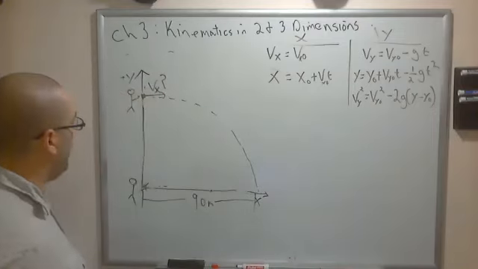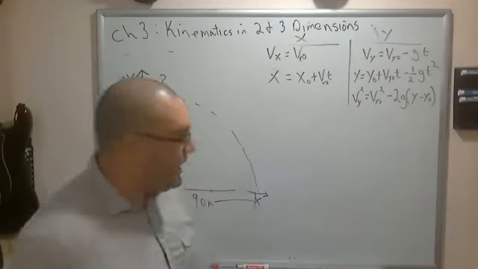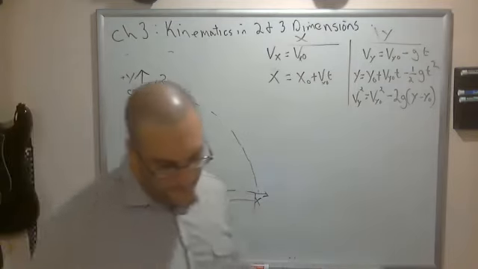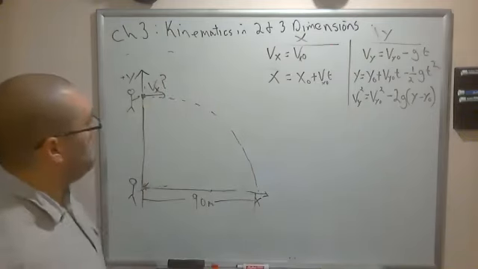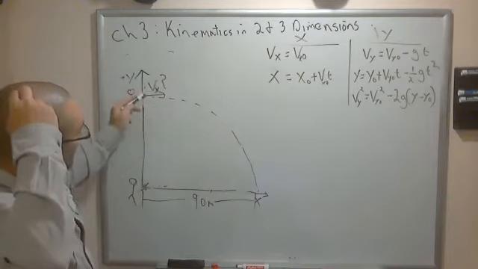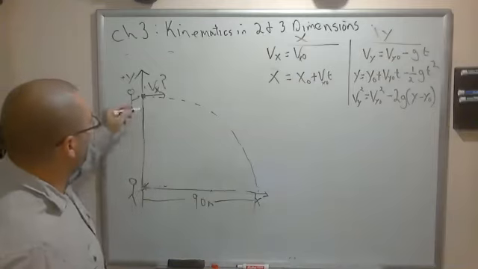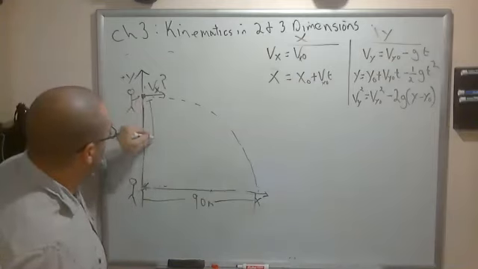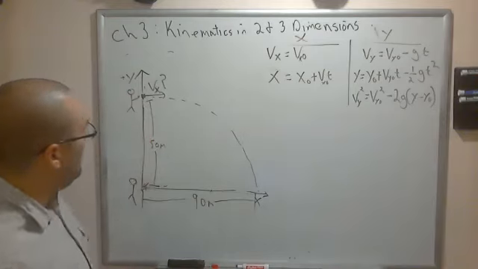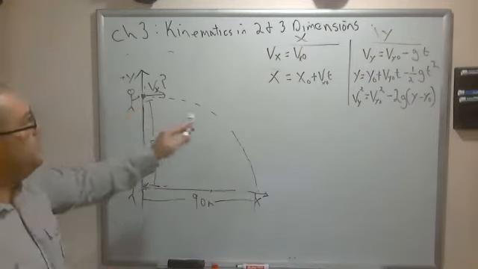Then we decide what our coordinate system is. Where do we want our zero, to make this problem as simple as possible? If we look at it, we want it to go down 90. So this distance is 50 meters, right? And if we look at the equations, how can we simplify it? By choosing the origin.